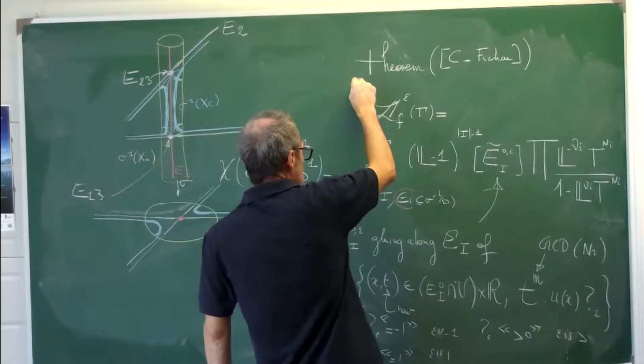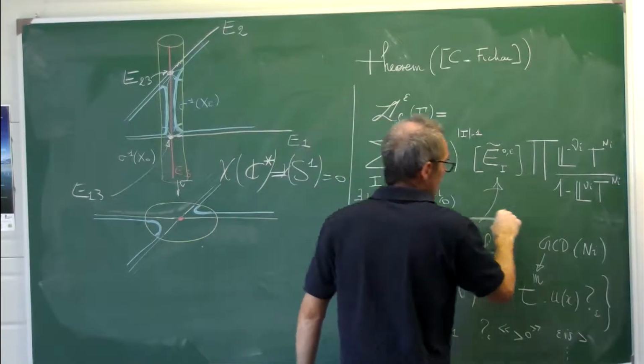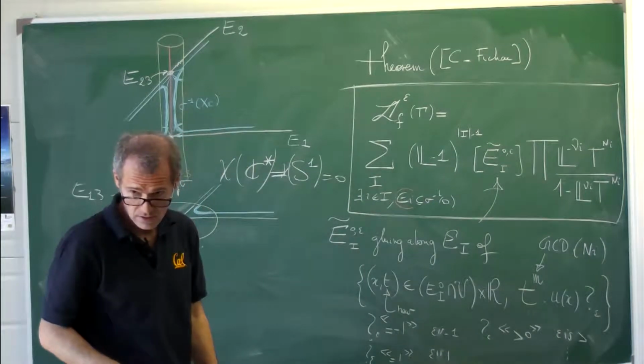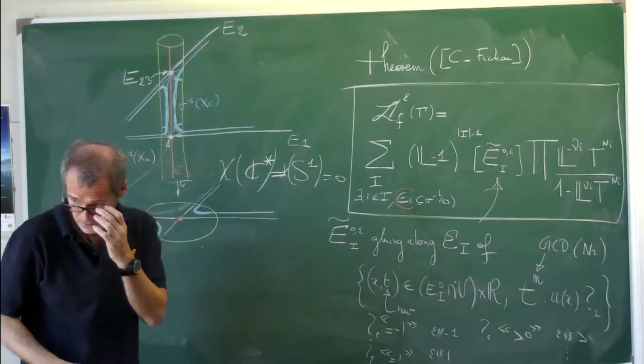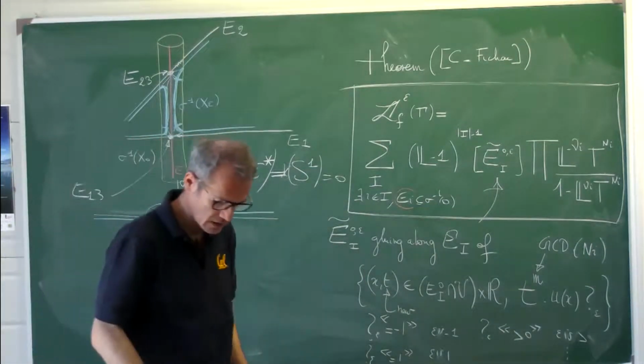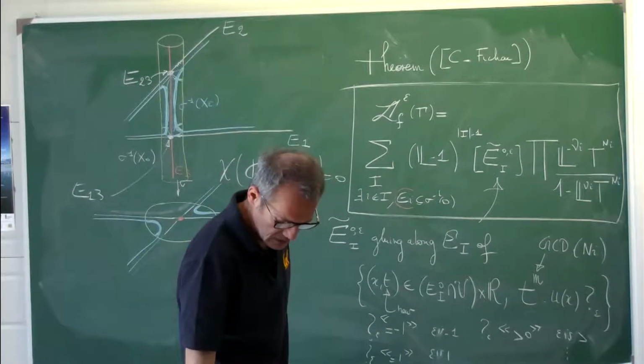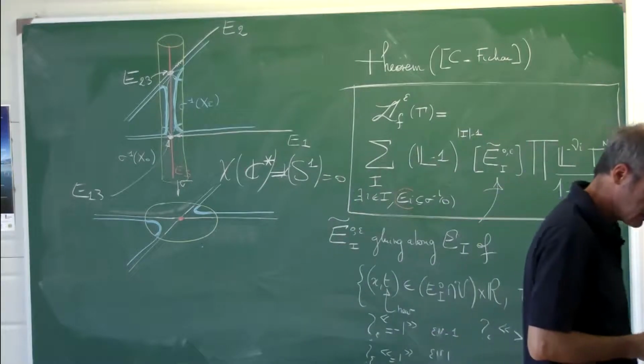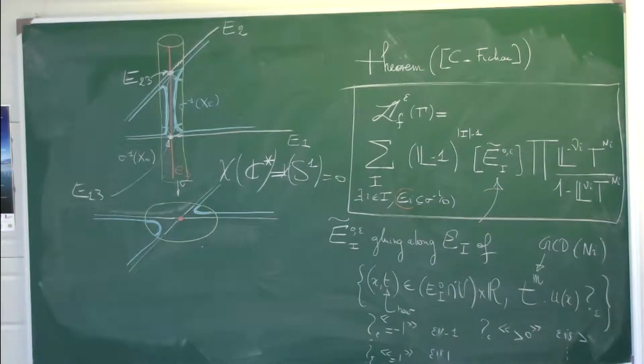So what is remarkable here is that, in the same way as in the complex case, we have a rational expression for the Poincaré series. And the proof is mostly the same as the proof Michel gave, mostly the same.